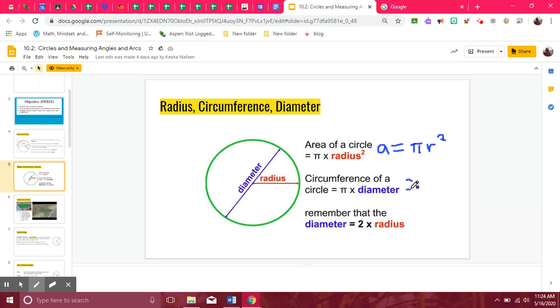Circumference is equal to pi times diameter, or since diameter is 2 times radius, it's 2 pi r. That's another way we see it. Oh my goodness, my writing is so bad. Okay, so the diameter is equal to 2 times the radius, 2r.